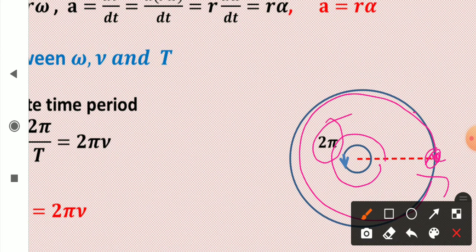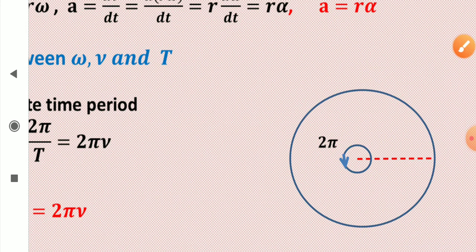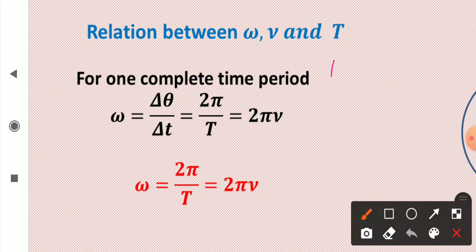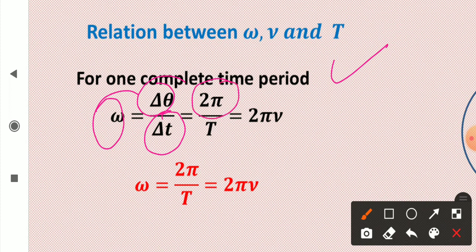The total time taken is T and the angle subtended is 2 pi. So the angular velocity becomes, for one complete time period, you know that angular velocity is angular displacement upon time taken. For one complete time period, the angular displacement is 2 pi, 360 degree, and total time is time period.